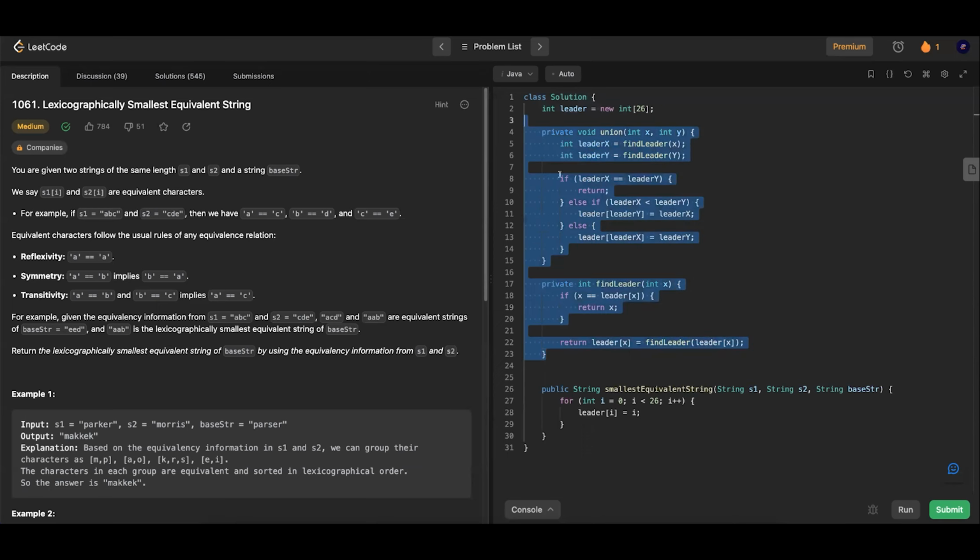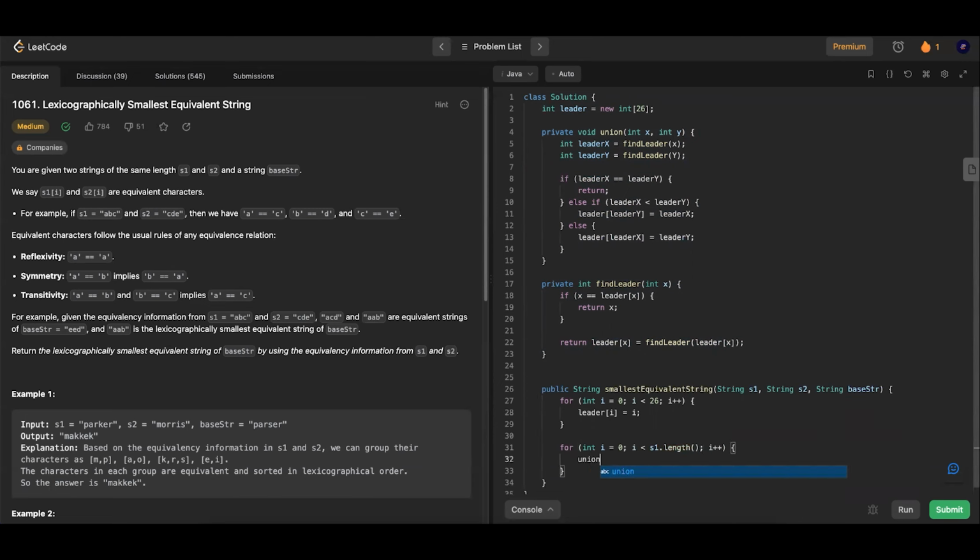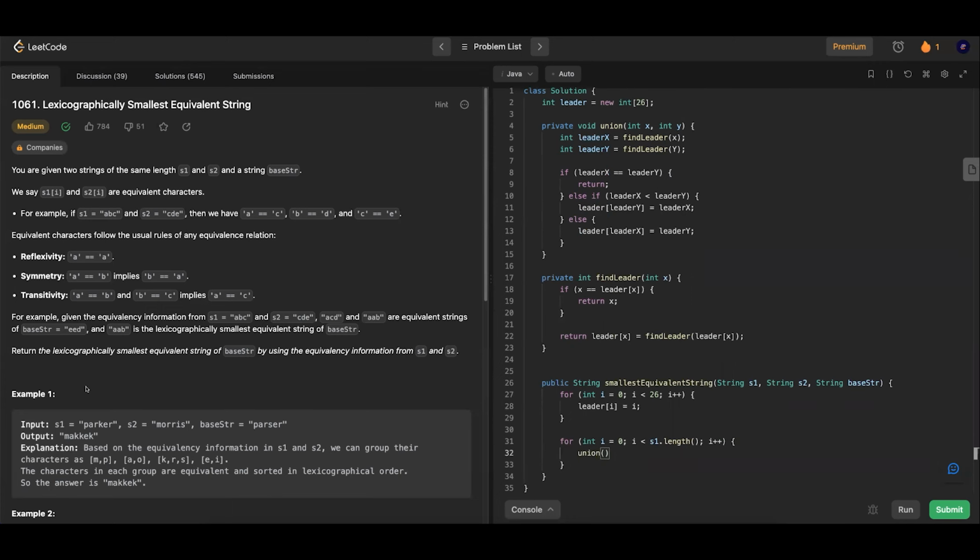What we have to do next, we iterate over the strings, i equal to 0 and i less than s1 dot length, both of them are of equal length, i plus plus. And now we apply union operation on the similar characters. So p is similar to m, so we apply union function on p comma m.